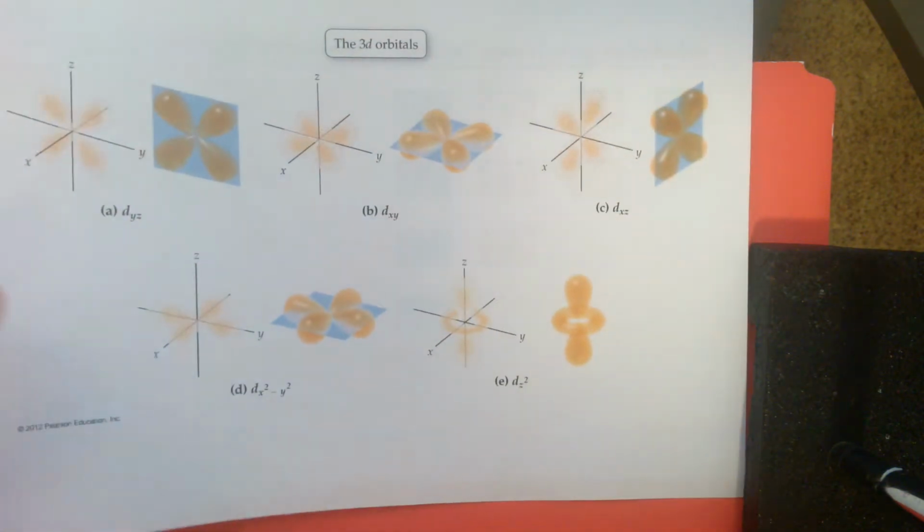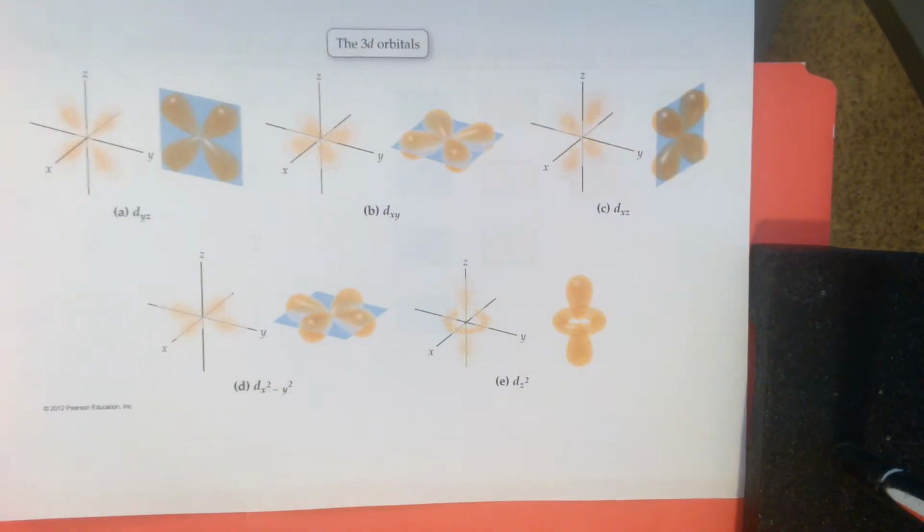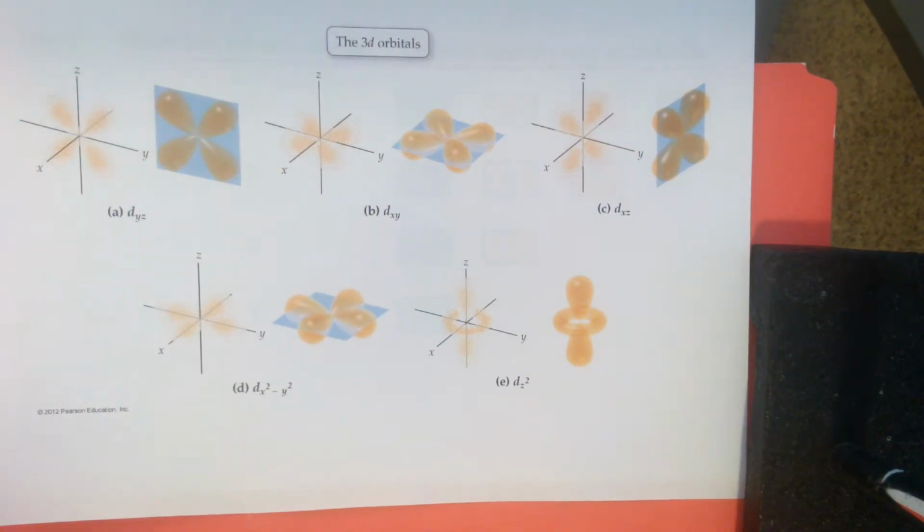Now, d orbitals are again a little more complicated. Some reference them as a four-leaf clover shape. Notice with the d orbitals, there are 5 different orientations.